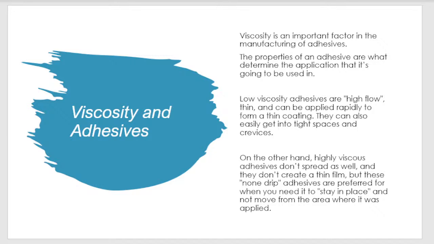Then high viscous adhesive is a good type of adhesive for this application. Or if you're putting the adhesive in an area where the surroundings are sensitive, like an electronic board, where you have other things around it that the adhesive can ruin if it touches them, then you want an adhesive that's high viscous, or not runny, that will stay where you put it. Viscosity does play a very big part as one of the properties of the adhesive.